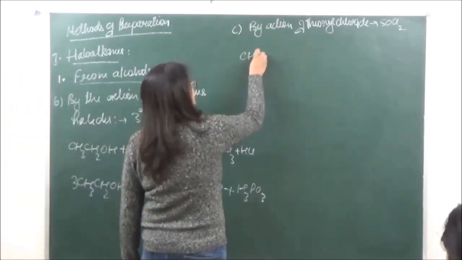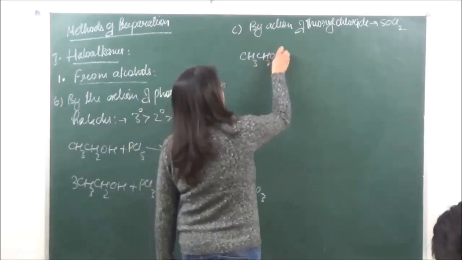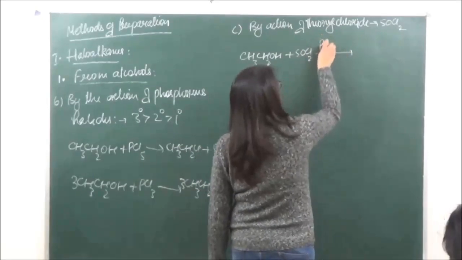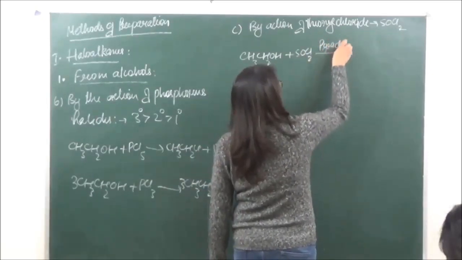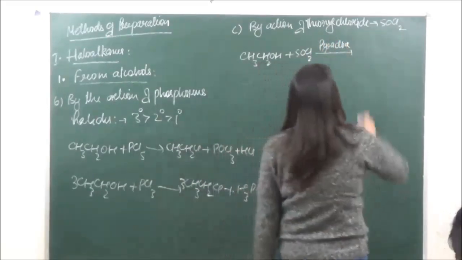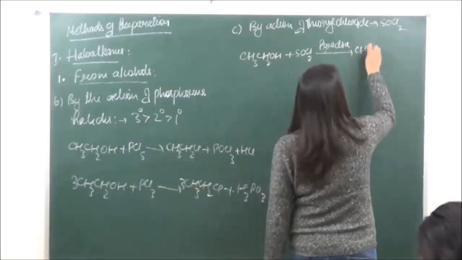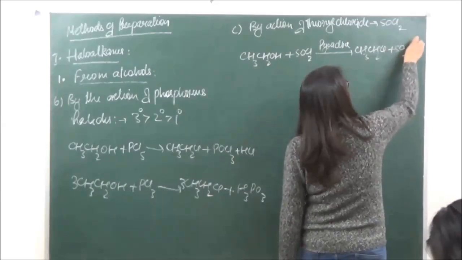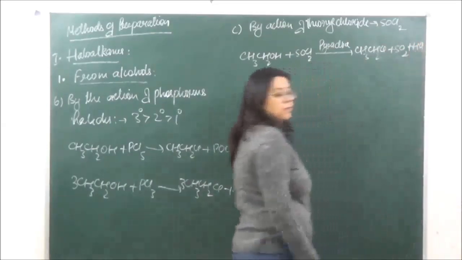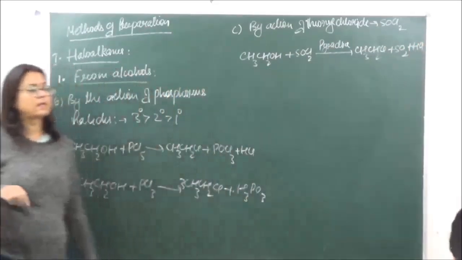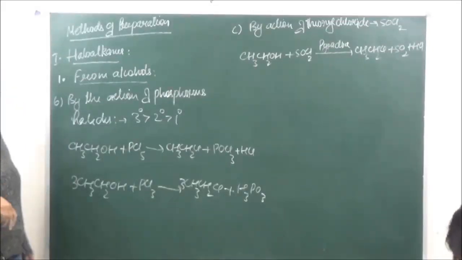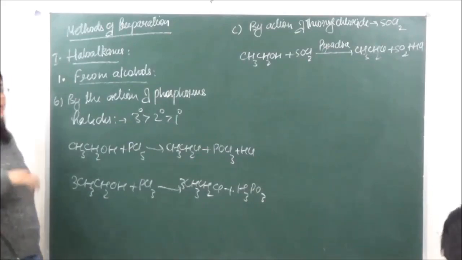So we are taking CH3CH2OH plus SOCl2 in the presence of pyridine. We are going to get CH3CH2Cl plus SO2 plus HCl.